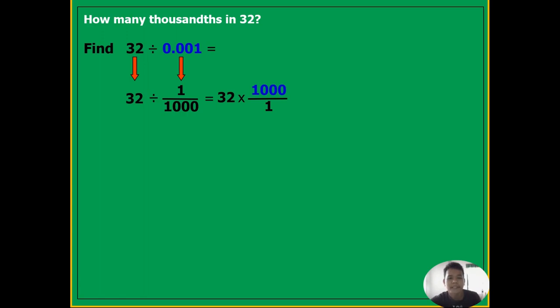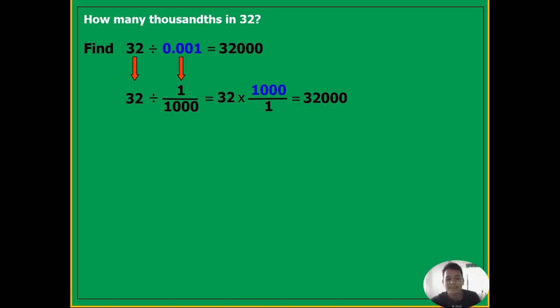Then multiply 32 times 1,000. How much? That is 32,000. Take note, our main operation as we begin in our number sentence is division. But look at our solution. From division, we multiply. Here, we divide by 1/1,000, but here we multiply by 1,000.